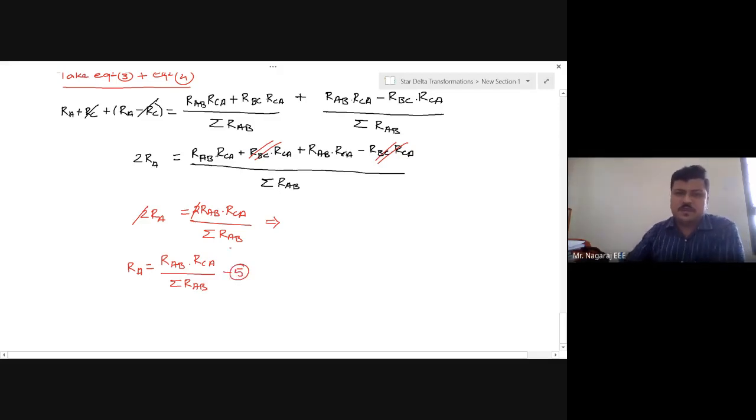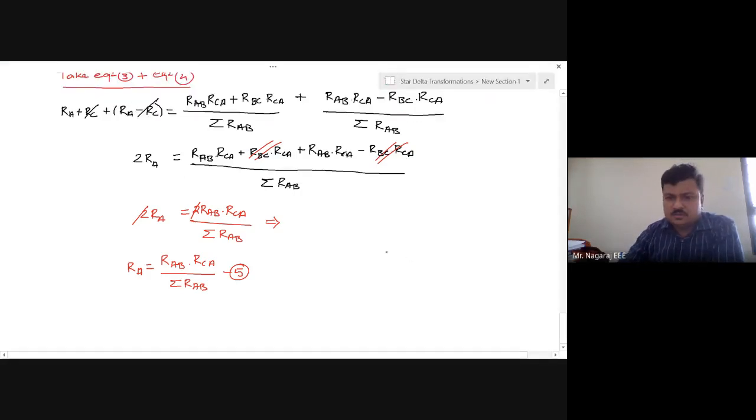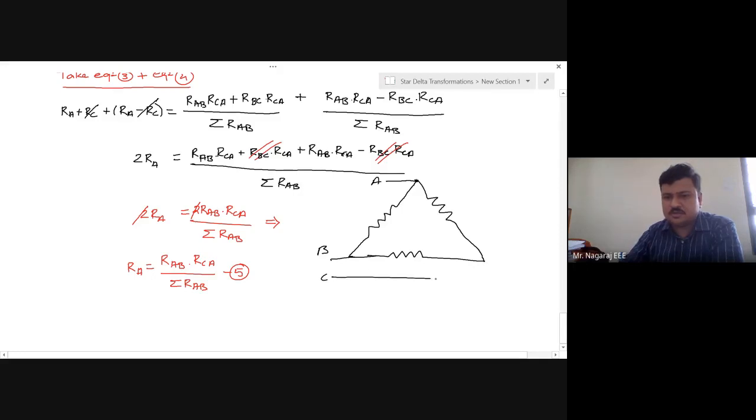Now, if you observe the star and delta connected forms, this is a delta connected form. I am obtaining it from delta to star. So this is A, B, and C. This is RAB, this is RBC, and this is RCA.